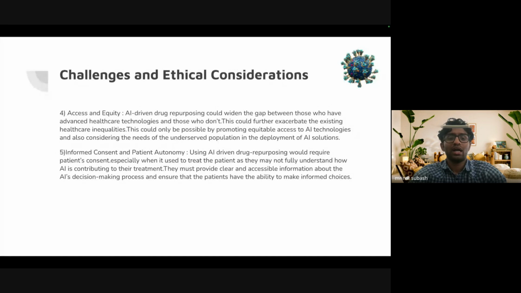So this can be a boon and a bane in disguise, because in one sense it is actually helping the underserved population, and in the other sense these underserved populations are gaining access to a lot of information which may not be legal.